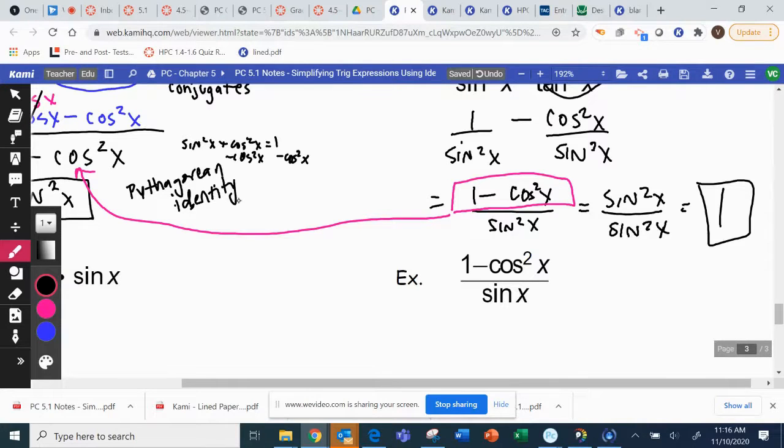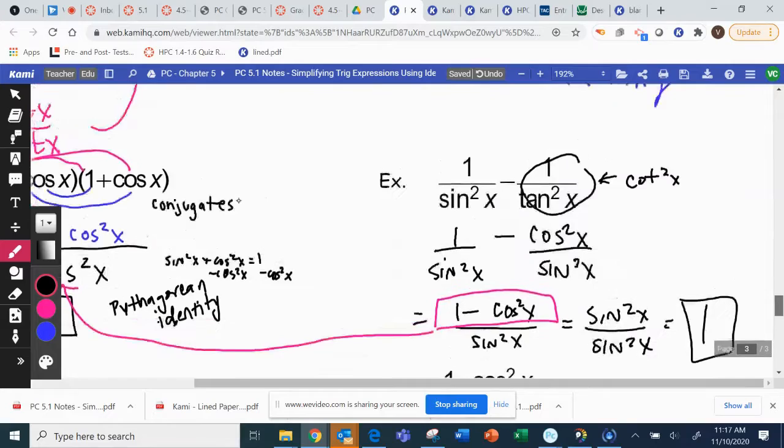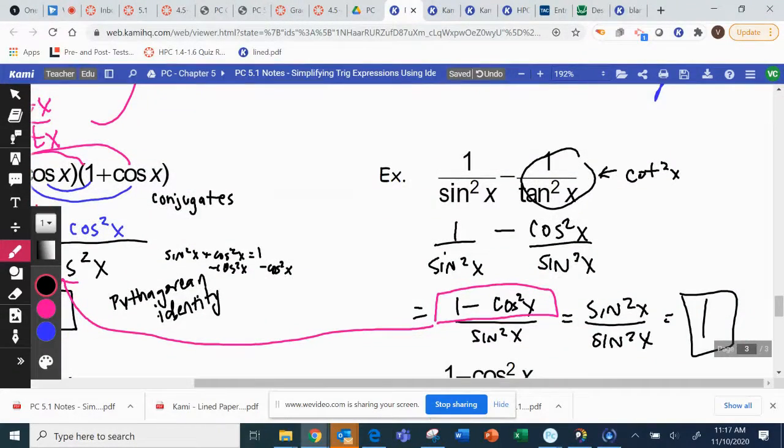I do want to show you there was a different way. As I was talking about common denominators, I was like, oh yeah, there's a different way of doing this one.